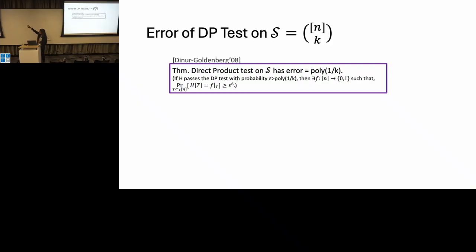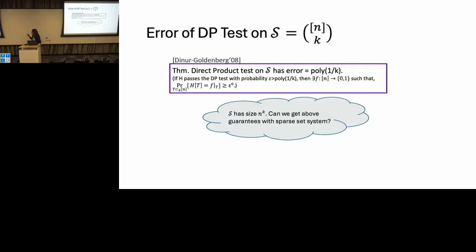But this set system has many sets, polynomial in n sets. One question you can ask is, can we get the same or similar guarantees with a sparse set system, which has, let's say, only O of n sets, rather than n to the k?